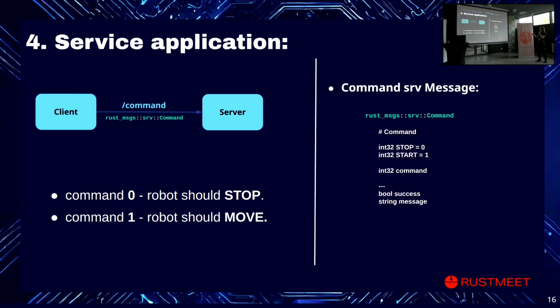This is gonna be the request, a command, just sending a command, and this is the response that we're gonna get when it's closed. If we send 0 through this service topic, the robot should stop. And if we send a 1, the robot should move. Okay?